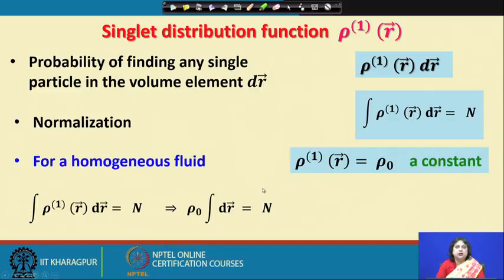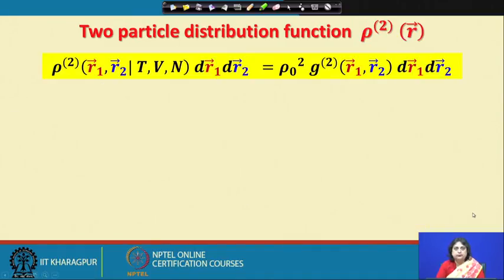Now, if I look at the normalization constant, then I find that this constant is nothing but the total number of particles divided by V, which is the average number density of the system. So, for a homogeneous fluid, I find that rho 1 (r), which is the singlet distribution function, is nothing but the number density of the liquid.